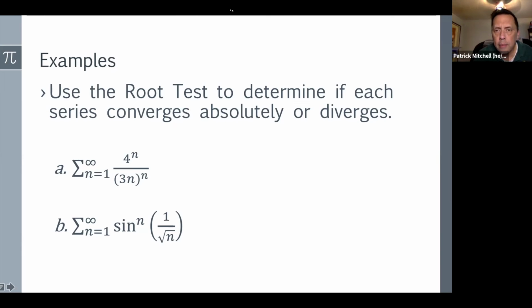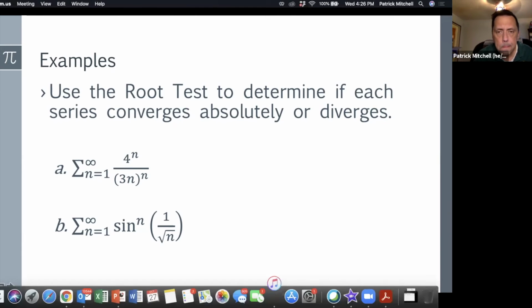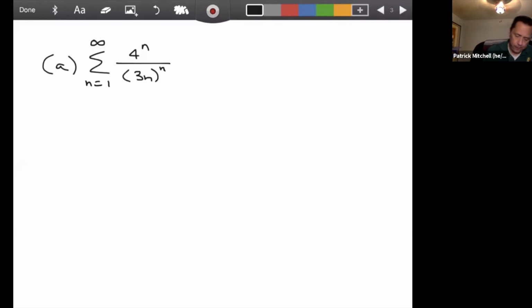So over to the tablet. And here we go. The sum n going from 1 to infinity of 4 to the n over the nth power of 3n. Even if the directions hadn't said use the root test, I would probably still use the root test on this one because everything is to the power n.